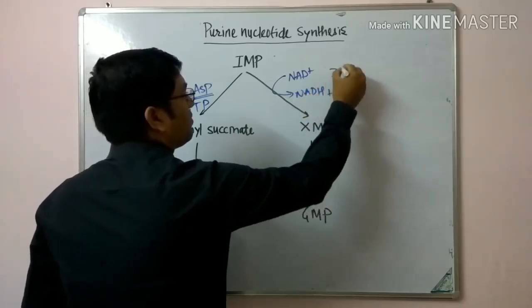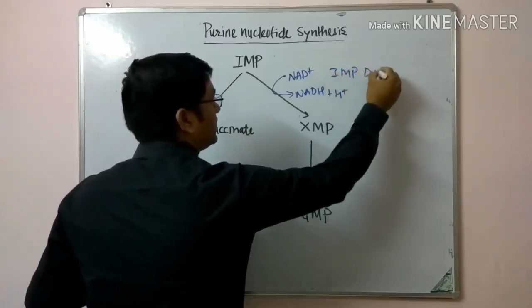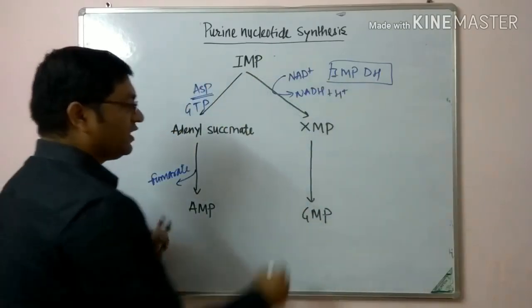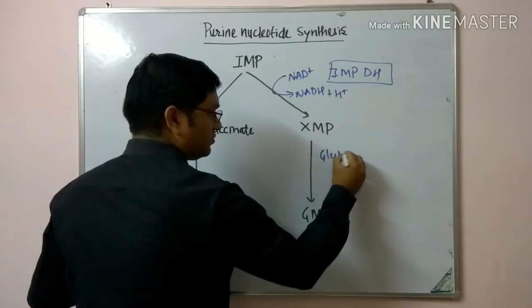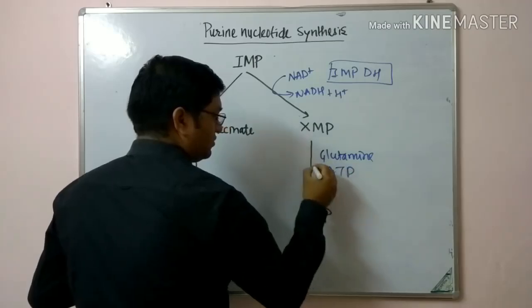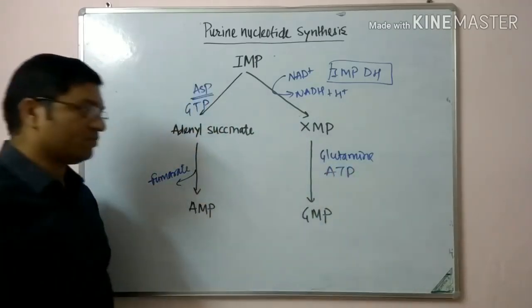So this is the IMP dehydrogenase reaction, and with the help of glutamine and ATP, there is synthesis of GMP.